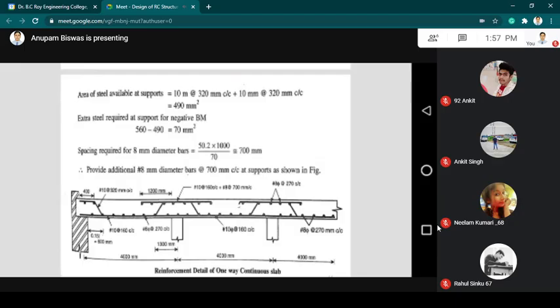We must also show the reinforcement provided for the extra steel that is required for the negative bending moment. That must also be shown. We must show the development length.